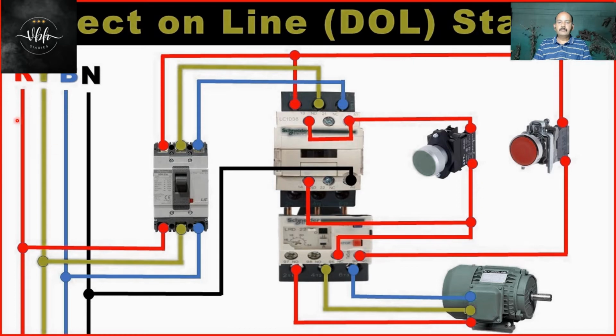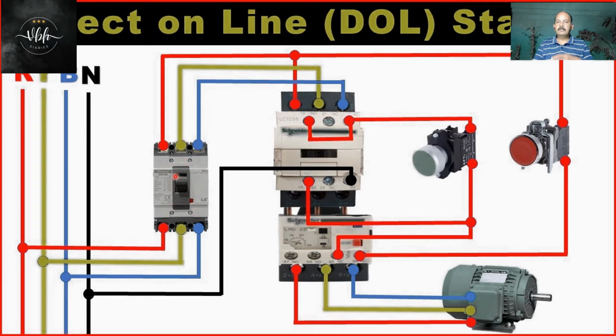So this is the main circuit, the power circuit. From here we'll tap for one starter, from the main bus bar into the MCCB. In this diagram we have the MCCB. You can replace it with an MCB, MPCB or SFU, whatever we are selecting.